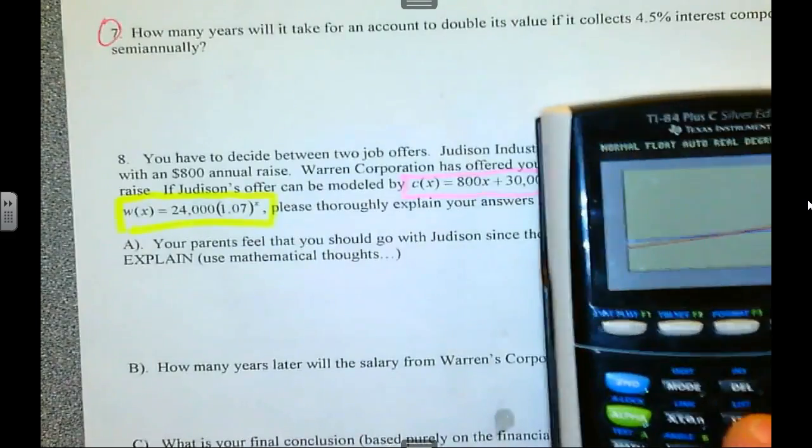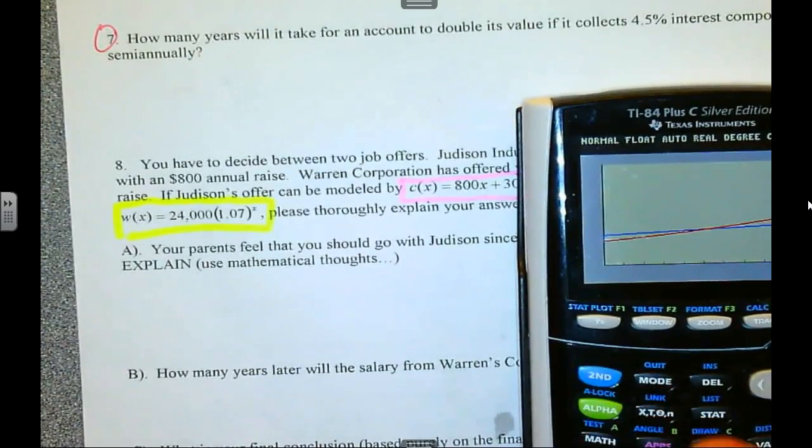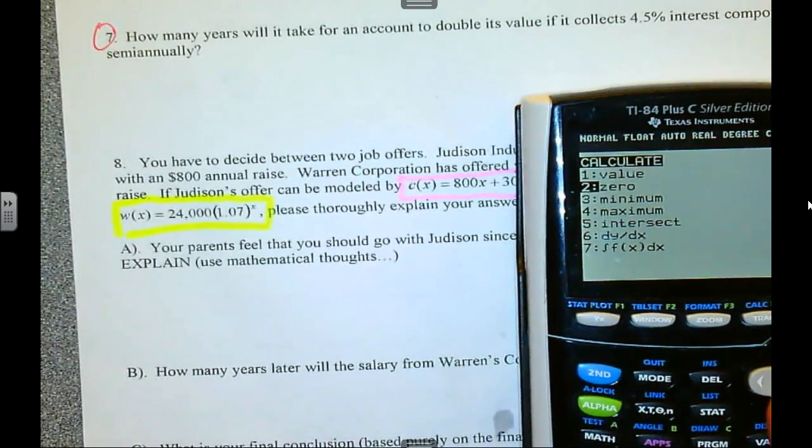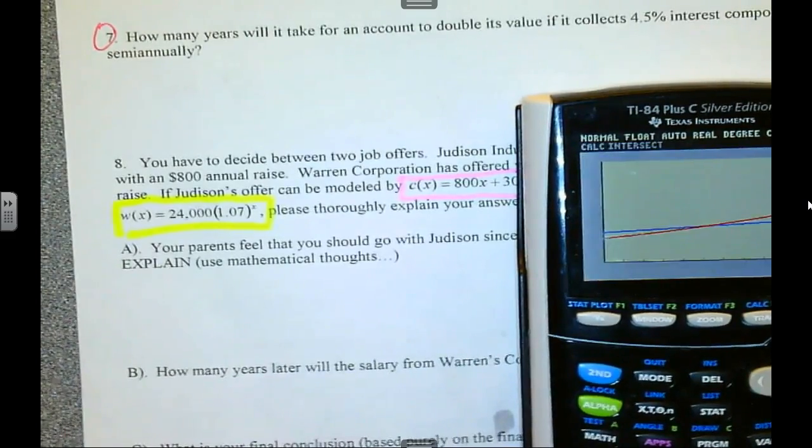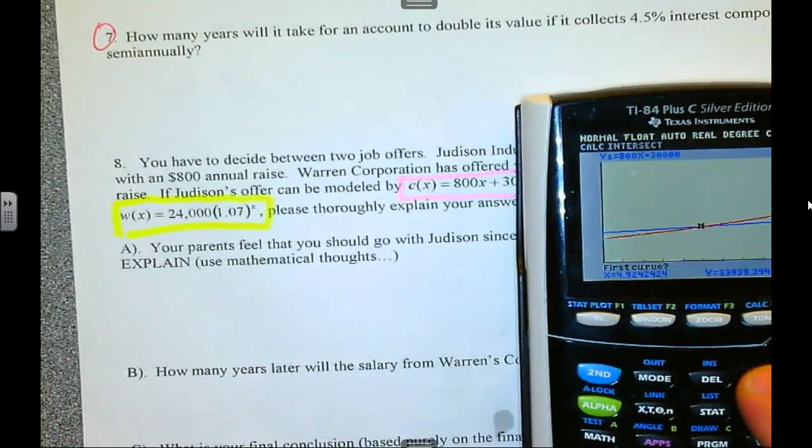Okay? So I'm going to calculate my intersection, number 5, and enter. It's asking me for curve 1. I'm on the blue curve, so I'll hit enter. And then the second curve, it's asking me, well, I'm on the second one, the red one, so I'll hit enter.